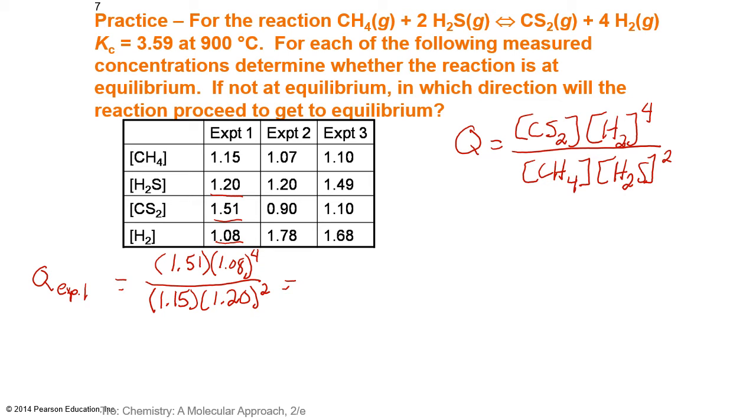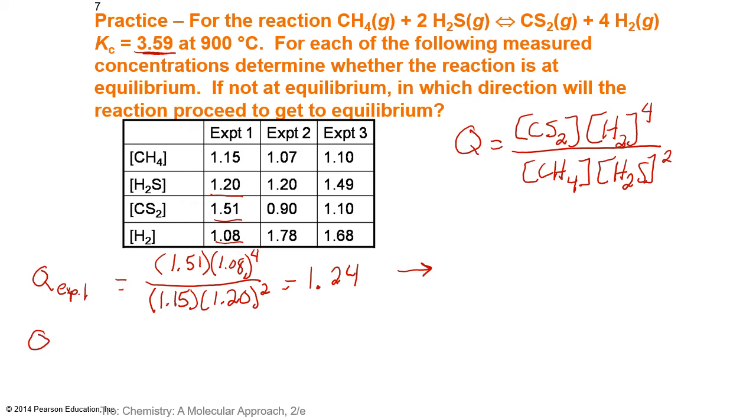And so if we calculate, we get 1.24. Our Kc is 3.59, and so the K value is larger, and so it's going to proceed in the forward direction. So we're going to move towards the products.